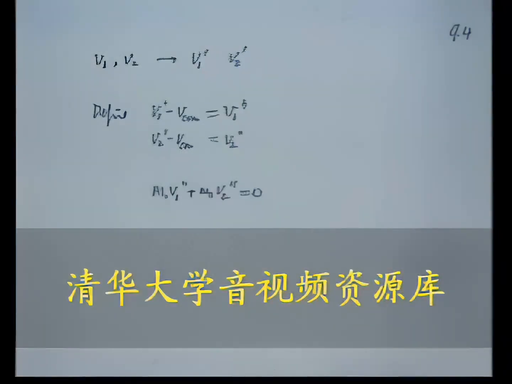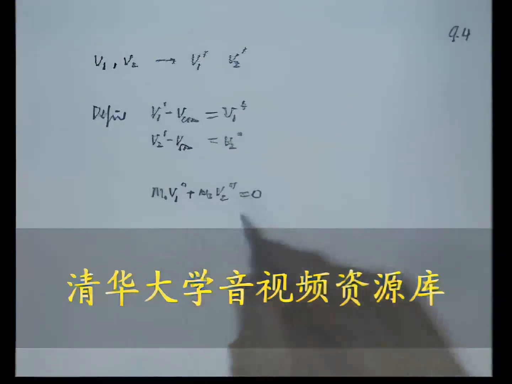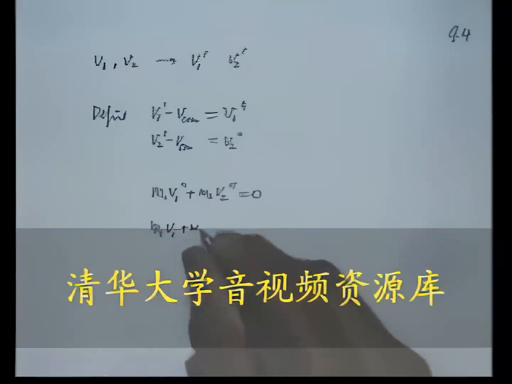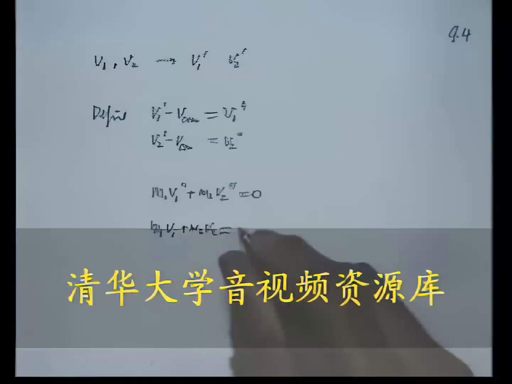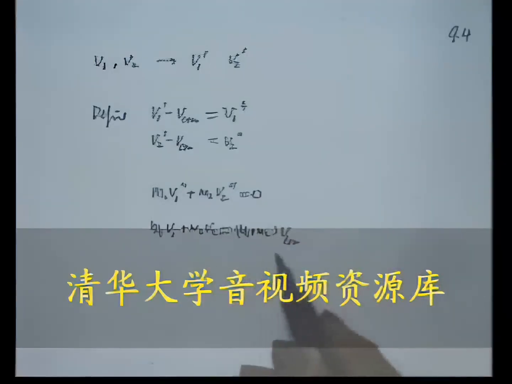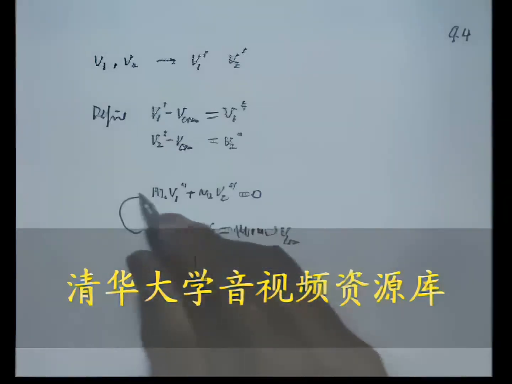Because you just take this equation, you take m1 v1 plus m2 v2 equal to (m1 plus m2) v center of mass. You move this onto the left side and separate those two terms, you get this.